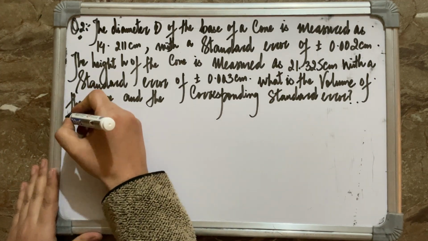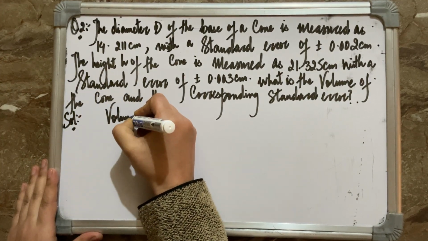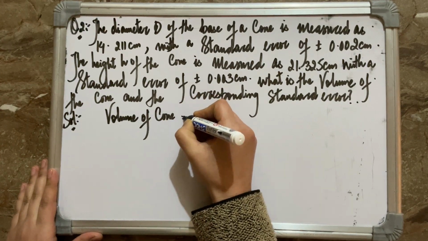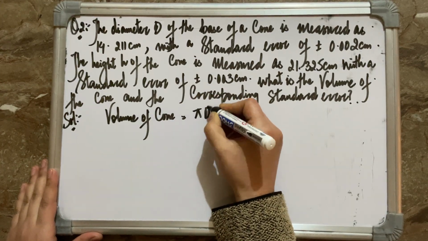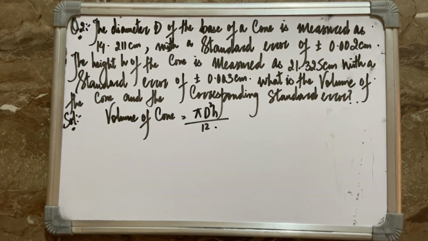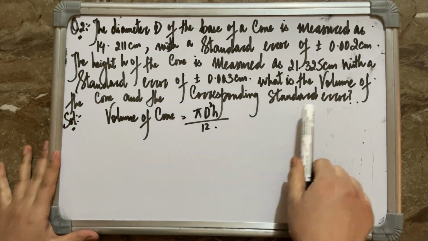We know that volume of the cone is given by pi d square h divided by 12. We will differentiate as we have to find the standard error of the volume.